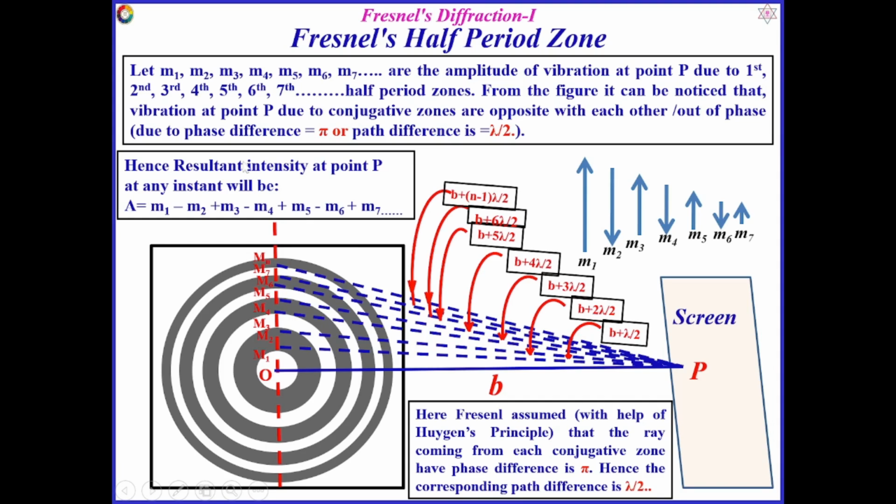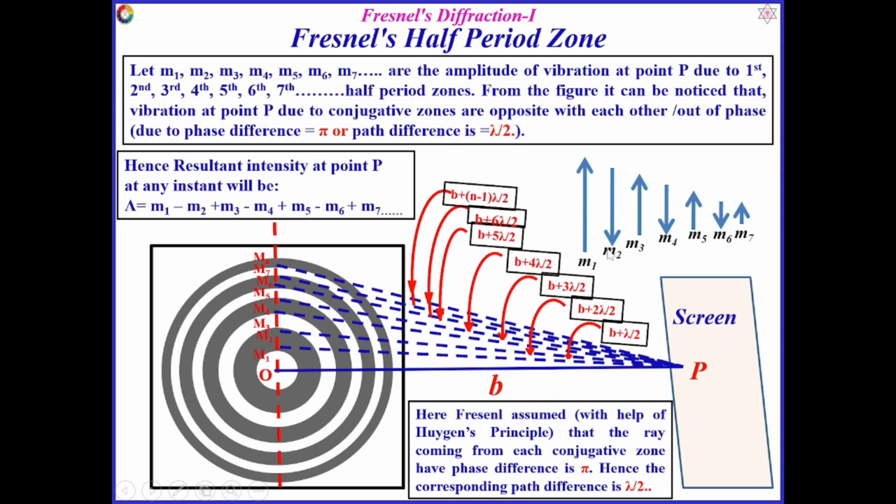Here we consider that M1, M2, M3, M4, M5 and so on are the amplitudes of vibration at point P due to the first, second, third and so on half period zones. So M1 is the amplitude of vibration due to the first half period zone, M2 is the amplitude due to the second half period zone, and so on. As the phase difference is pi, suppose due to the first half period zone the vibration is along this direction with amplitude M1.